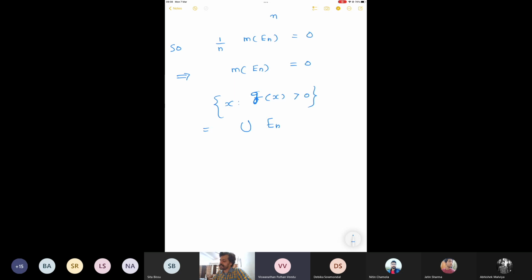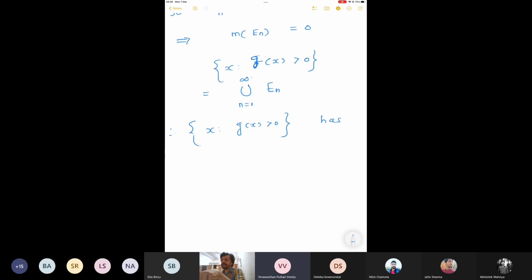Set of all x such that g of x is greater than 0 will be a countable union of En. And each En is of measure 0. Therefore, measure of union En will be less than or equal to summation measure of En, which is 0. So where it is positive has measure 0.